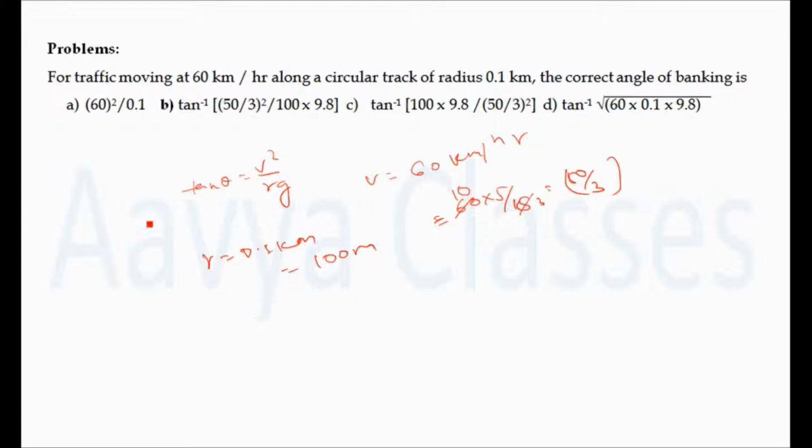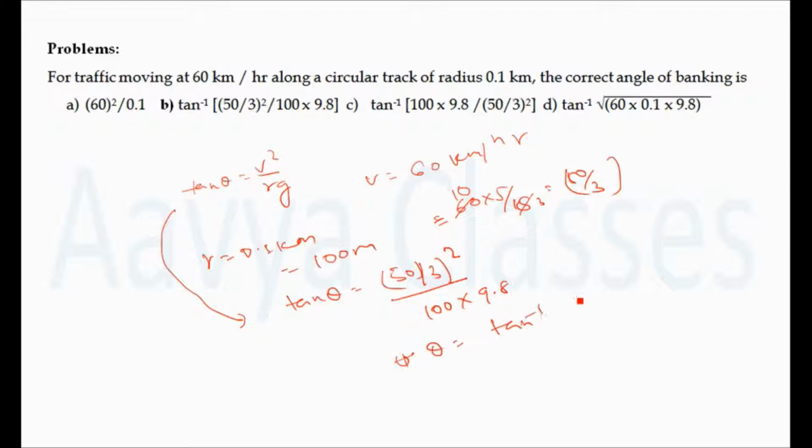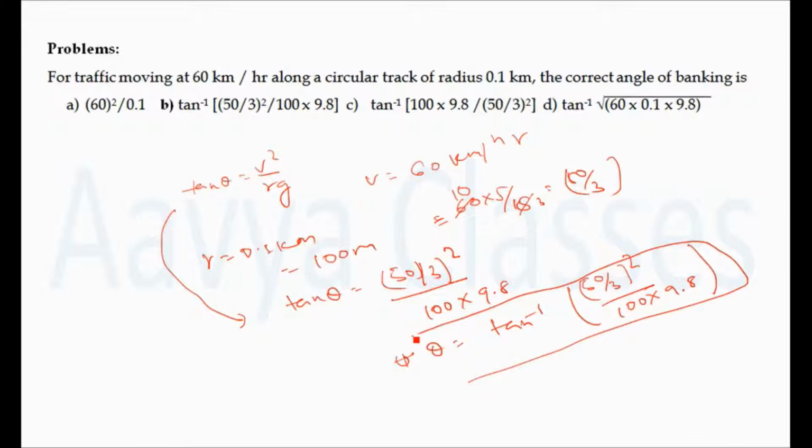So if you put in the values, then tan theta is equal to (50 by 3) whole square divided by 100 into g, g is 9.8, and theta is equal to tan inverse of (50 by 3) whole square divided by 100 into 9.8.